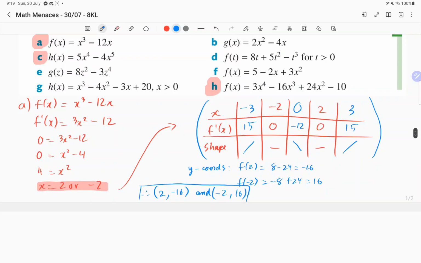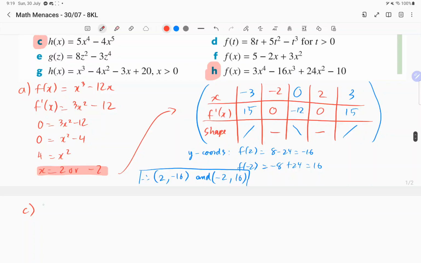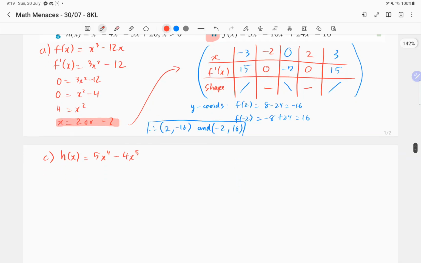Okay, and when you're done, move on to C and then H. Remember, you don't need to do the gradient table. Just find the y coordinates and you're done.